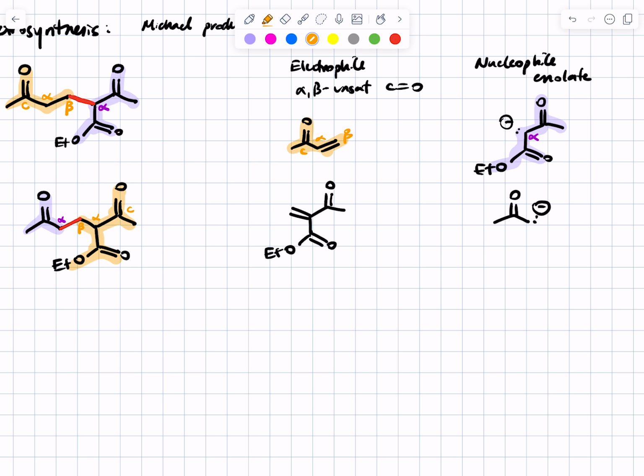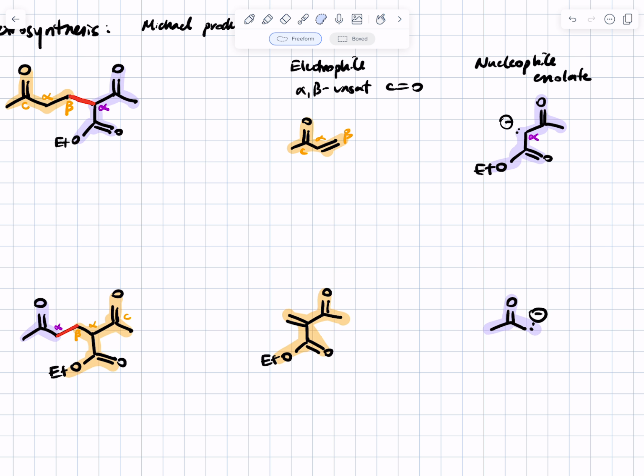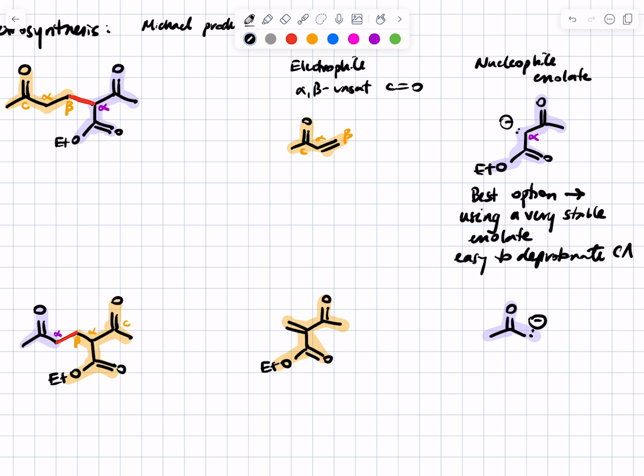Now, you're going to be wondering which of these answers is wrong, and if it is, how will I recognize it? And the short answer is the one on the bottom is not wrong, but the one on the top is the best option. The reason is that you're using a very stable enolate, meaning that it's going to be very easy to deprotonate the conjugate acid.